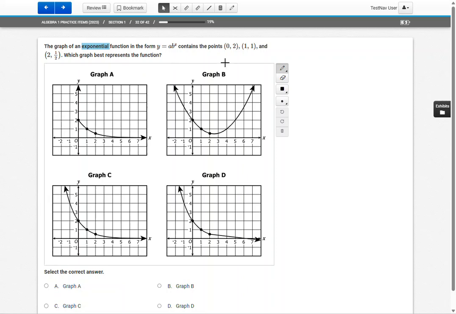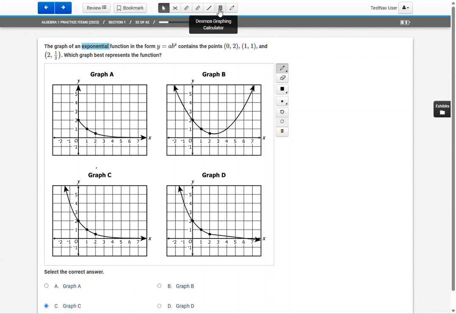So I need to find these points. 0, 2 is right there, 1, 1, and 2, 1/2. There are my three points. Well, all four graphs have all the points. So which one do I know is exponential? It's going to be graph 3, C, because of the shape of the graph.